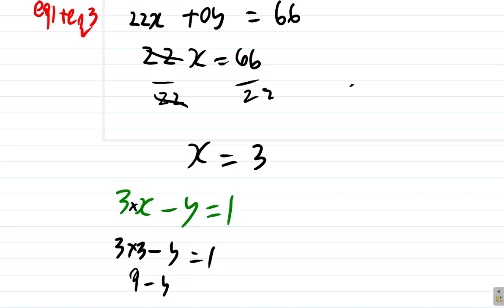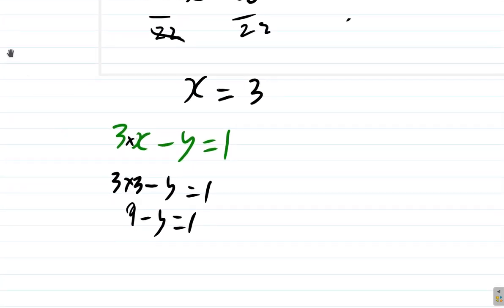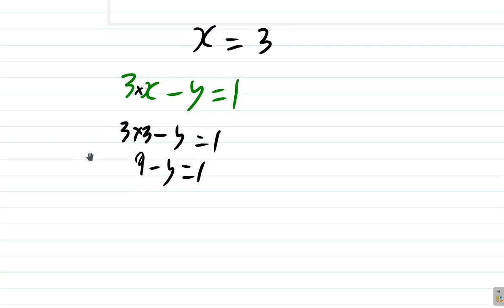So 9 minus y equals 1. Right? 9 minus something equals 1. What could that be? Well, you could figure it out. Another thing you could do, if you subtract 9 from both sides, you have negative y is equal to 1 minus 9. 1 minus 9 is what?